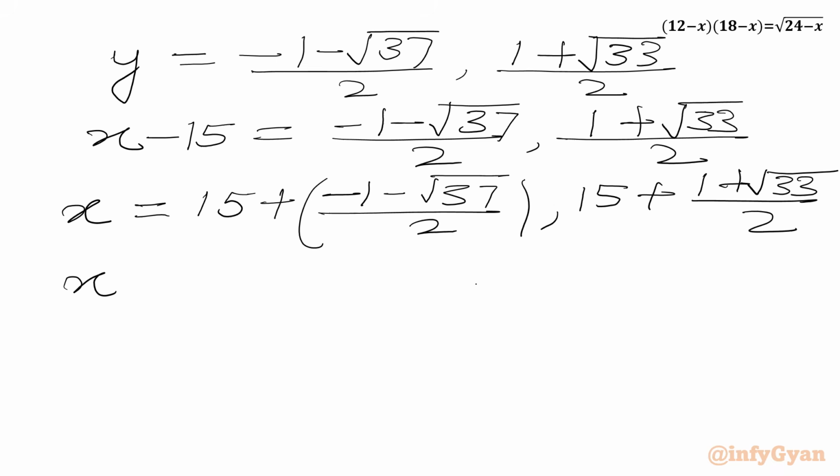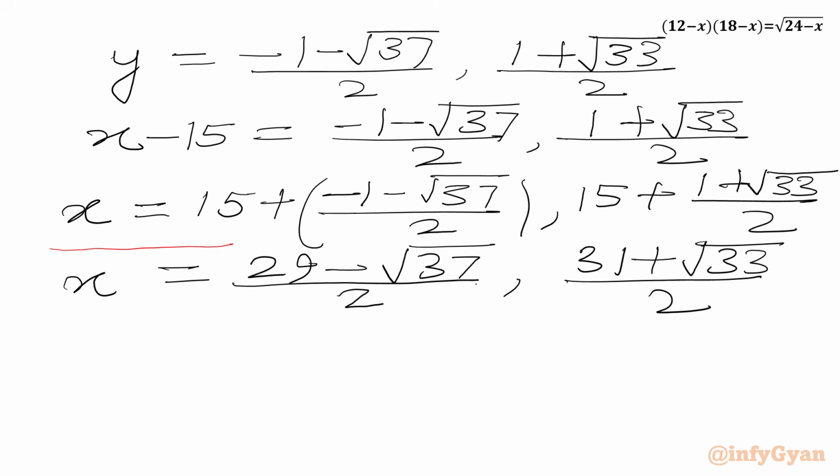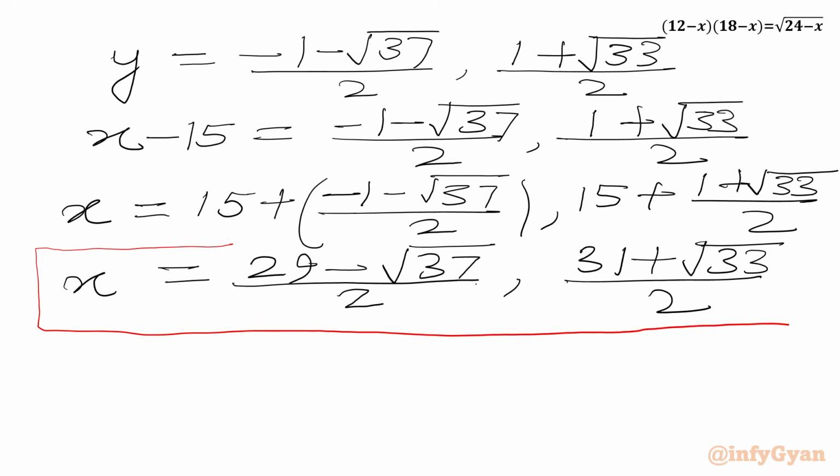So we are going to get 30 minus 1, 29 minus square root 37 over 2, our first real solution. And second would be 30 plus 1, so 31 plus square root of 33 over 2. So we have two real solutions, and two solutions are extraneous solutions as we have taken squaring of the equation.